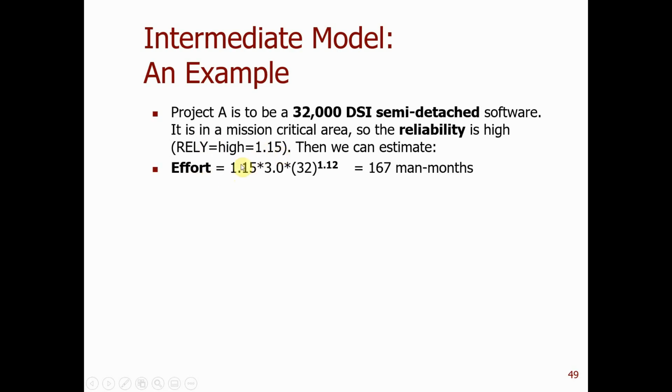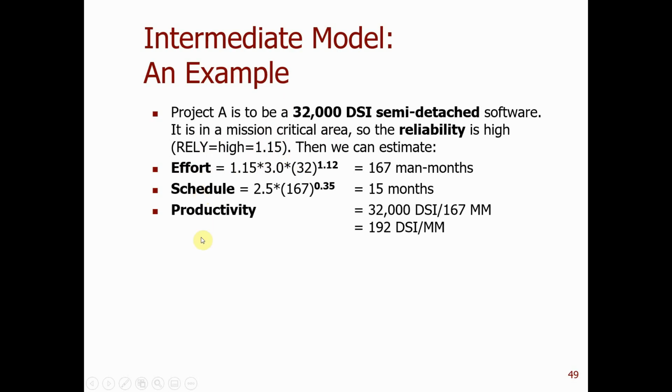Then for M, since I don't mention other cost drivers, you consider the rest of them, the rest of the 14, all as 1. Only reliability is 1.15, so this M is 1.15. So here you have effort, schedule, same, productivity, and the average staffing. Okay.